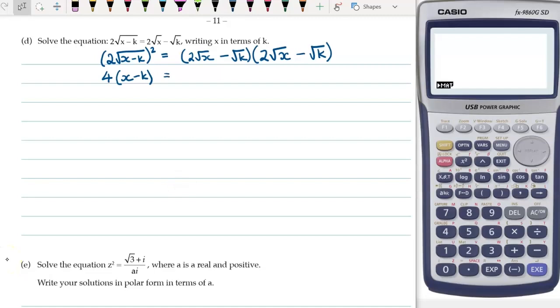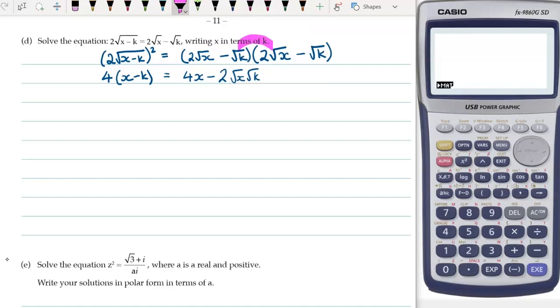On to expanding the bracket on the right. First we have this one, 2 times the root x, and we will get 4 times x, because root x times root x will cancel out to x. Then we have 2 times the negative root k, so that'll be negative 2 root x root k.